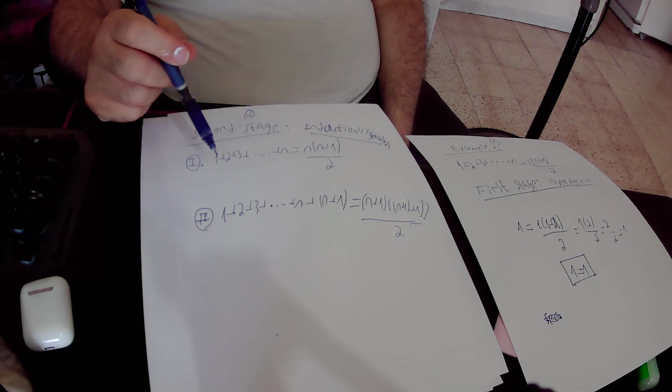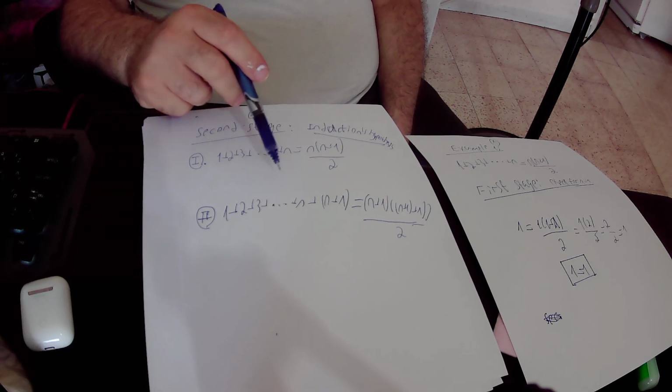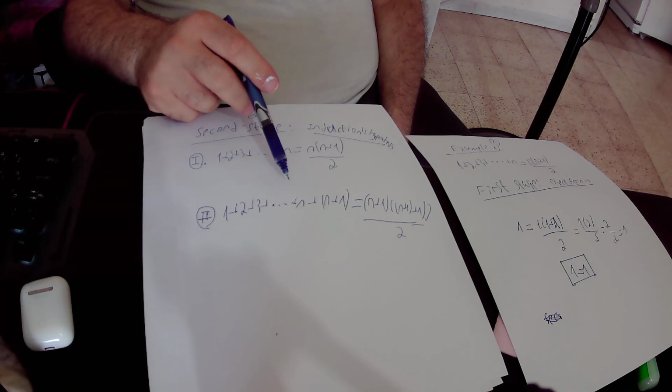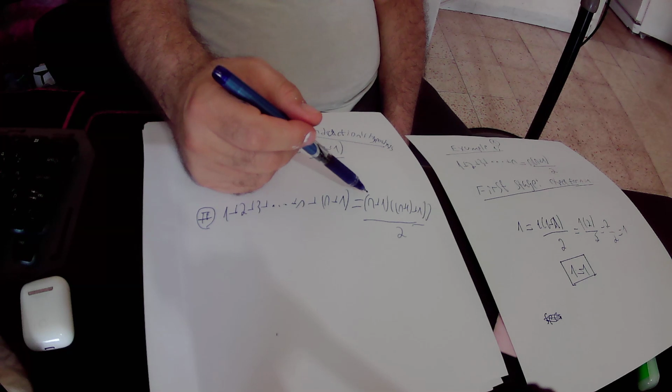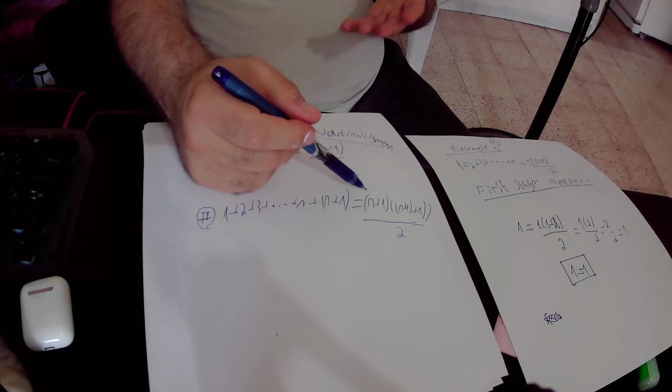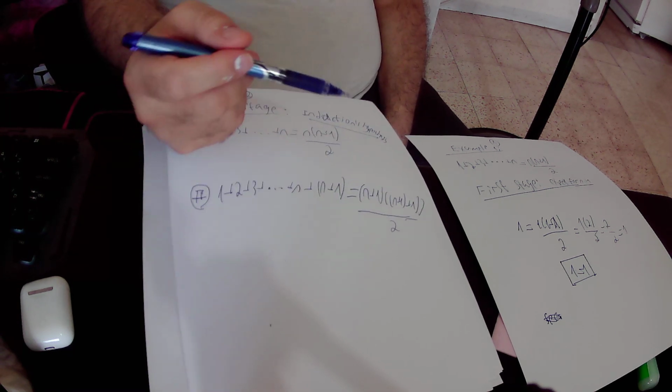So in this side of the equation, we will add numbers until n plus 1, and in the other side, instead of n, we will write n plus 1 because this expression is for n plus 1.